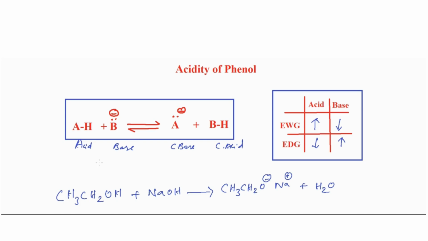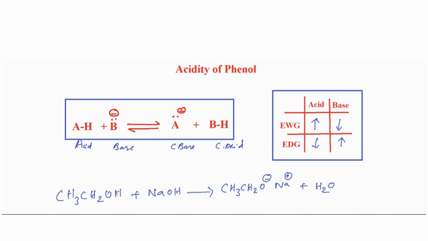With this fundamental, now we are going to discuss the acidity of phenol. Phenol has an OH group and alcohol also has an OH group, but phenol is comparatively more acidic than alcohol, for example ethanol.